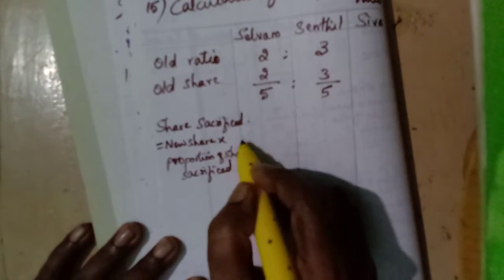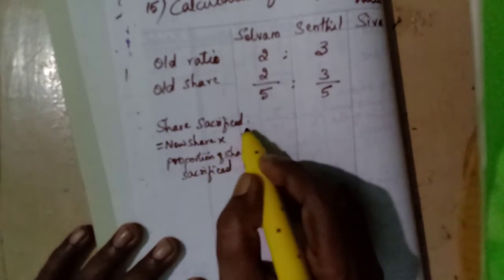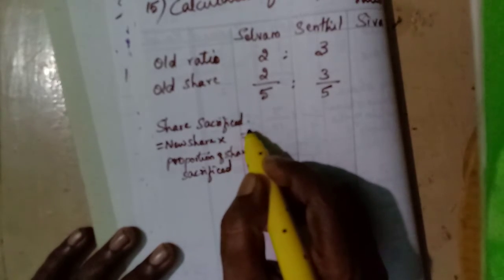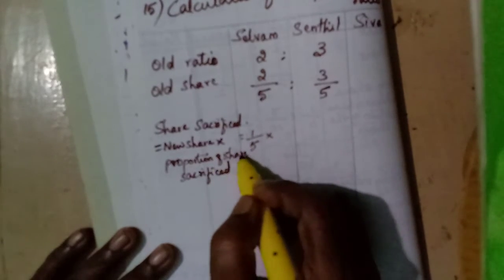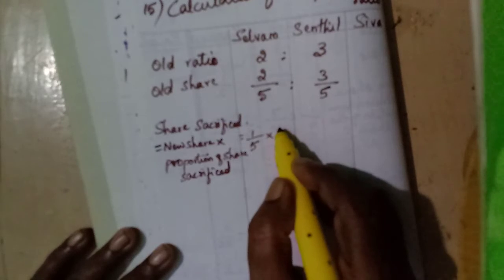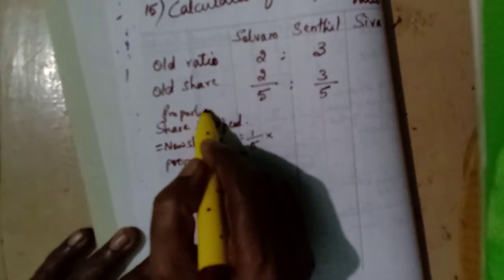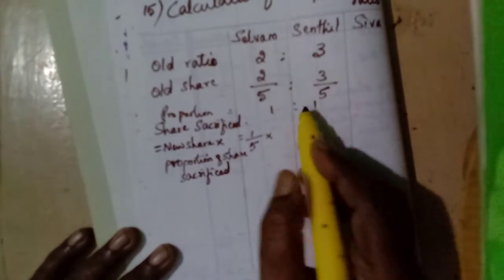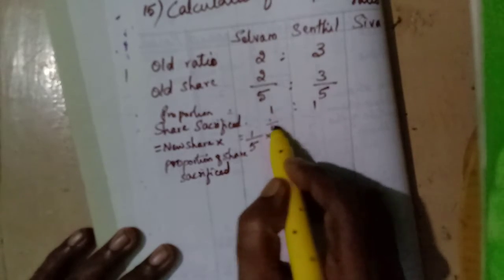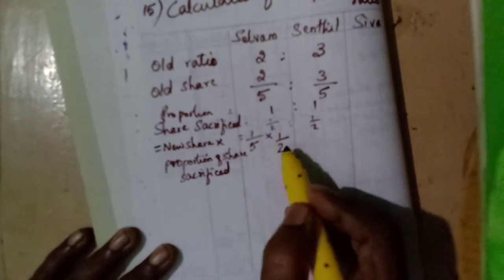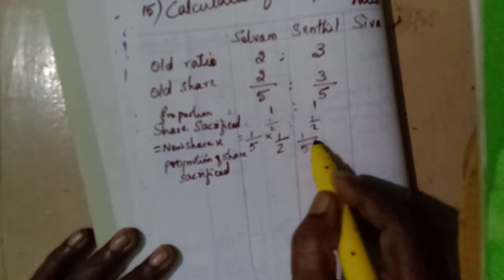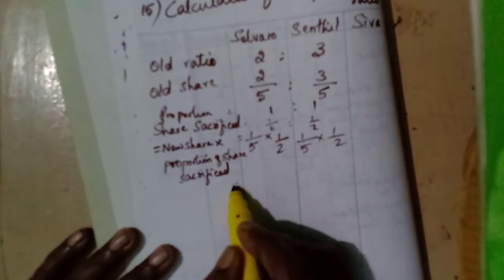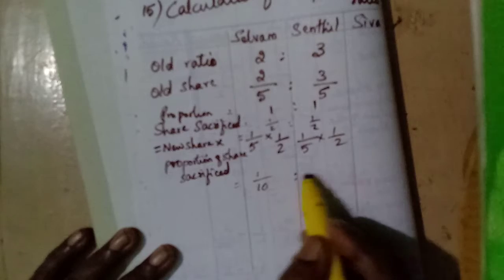Here the new share of the new partner is 1 by 5, into the proportion of share sacrificed, 1:1. That means 1 by 2 and 1 by 2. So the proportion of share sacrificed is 1 by 2. Here 1 by 5 into 1 by 2, how much? 1 by 10 and 1 by 10.